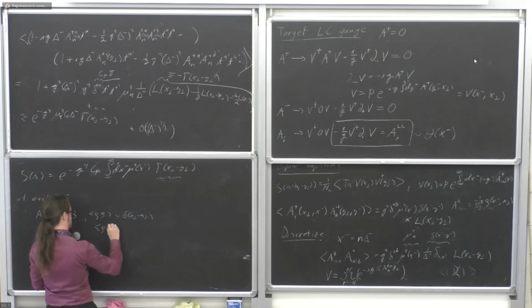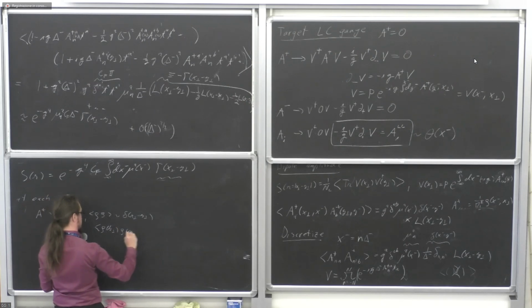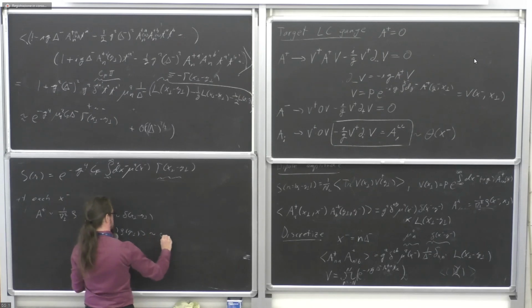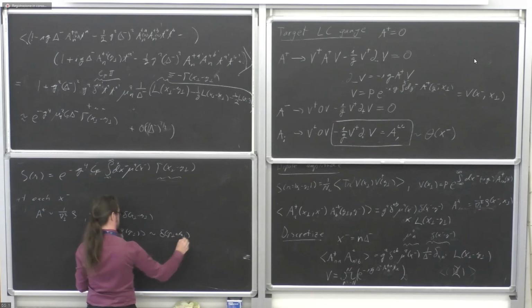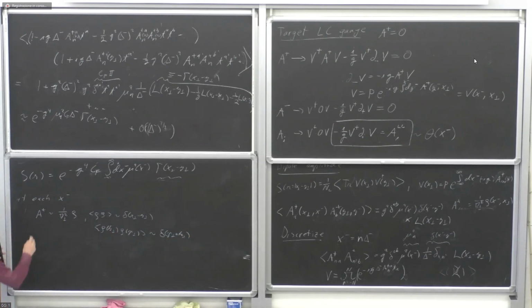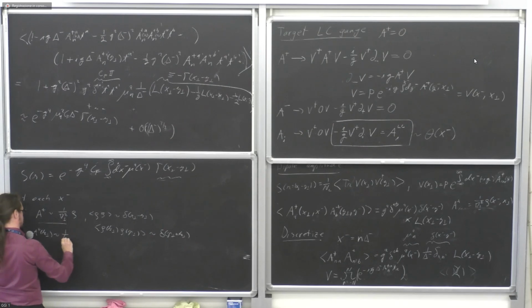So for the Fourier transforms, the rho k, rho p correlator is proportional to a delta function in p perp plus k perp, right? And then I Fourier transform this equation. It gives me that a plus as a function of k perp goes like 1 over k perp squared, rho as a function of k perp.